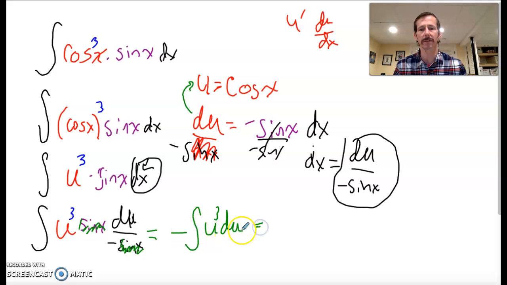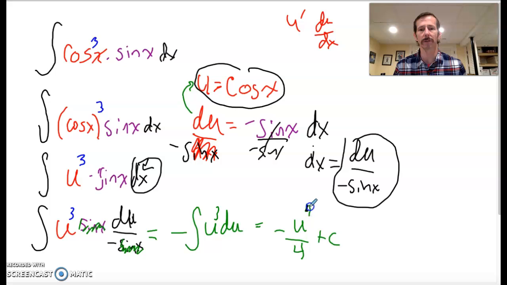So the negative sits in front. The integral of u cubed is my regular power rule. I add 1, that becomes a 4, divided by 4. The du dissolved into this u, so I don't have to worry about that, plus c. And my last step is to come back and go, oh, well, this is what u is equal to. u is equal to cosine, so I can re-substitute that cosine in place of that u.